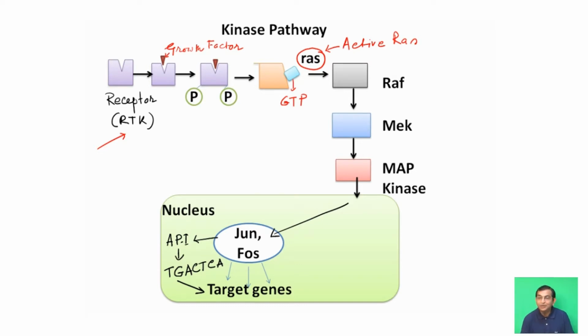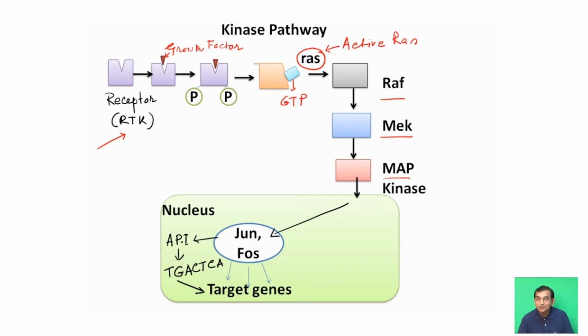GTP-activated RAS protein transfers this signal from the receptor to cytosolic kinase proteins: RAF, MEK, and MEK kinase.